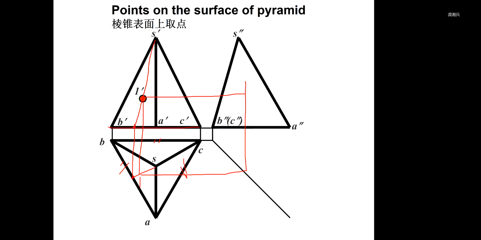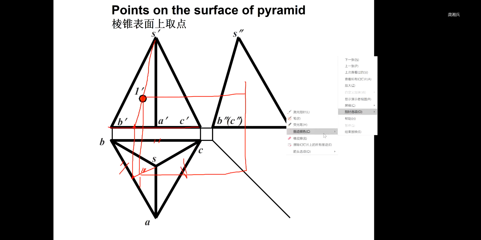Because point 1 should be on the plane of SBC and point 1 is visible, point 1 is on this plane, so this one should be on this line, but not this line. So you use the visibility to tell the position of the other point. So this is the answer here.